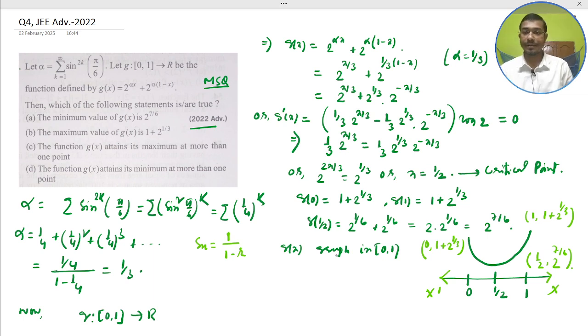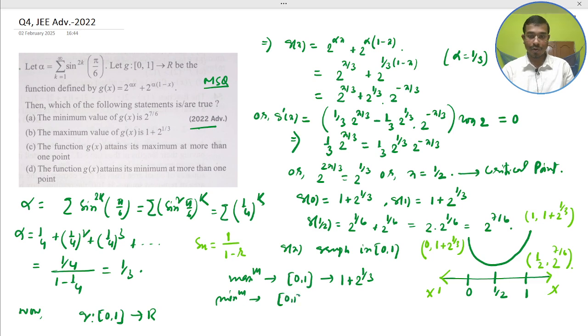So by the observation, the maximum value of the function in the range 0, 1 should be what? 1 plus 2 to the power 1/3, and the minimum value in the range 0, 1 should be what? 2 to the power 7 by 6.